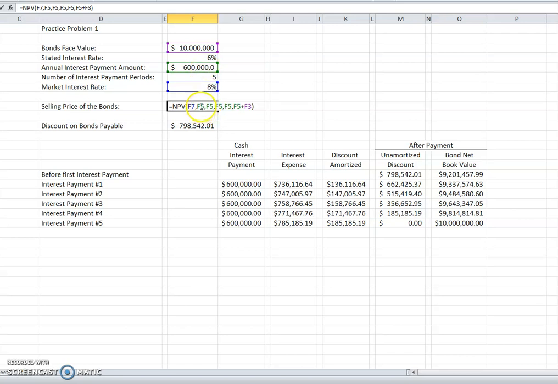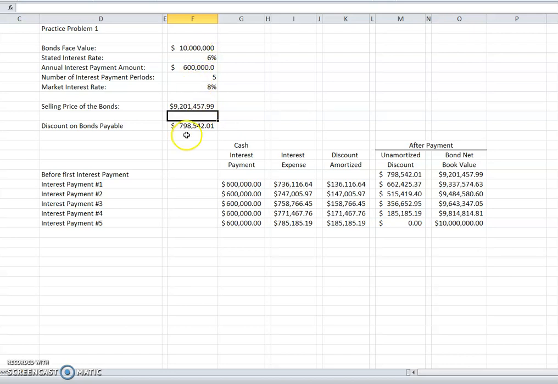So we put those in for year 1, 2, 3, 4, and then year 5 you're making an interest payment plus paying the principal. So it's just going to discount all of those back at the 8% rate. So when we do that, we come up with a net present value of $9,201,457.99. That's what the bonds will sell for.